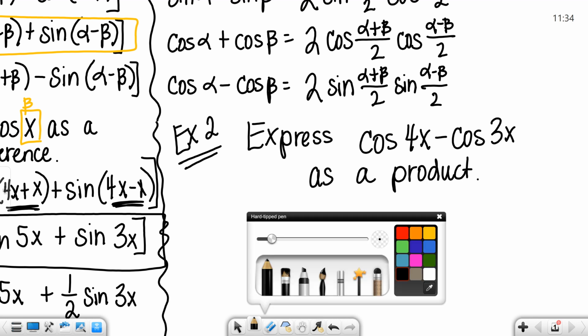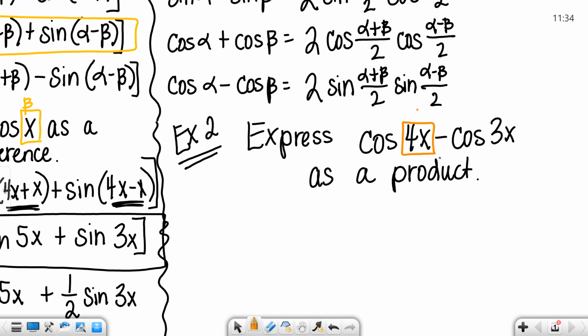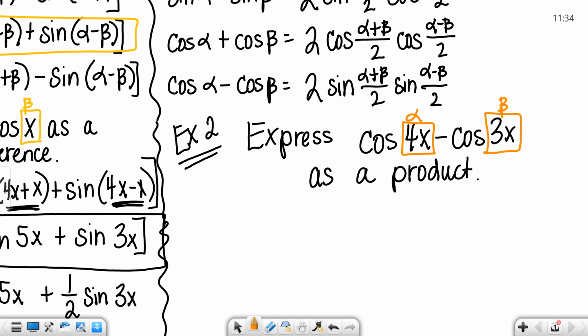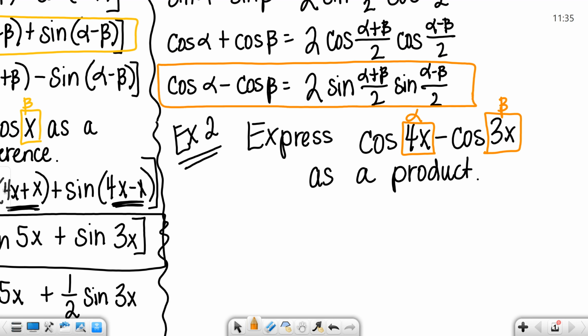Again, the first thing I'm going to do is decide what are alpha and beta. This 4x is my alpha and this 3x is my beta. So this says cosine alpha minus cosine beta. That would be this formula.